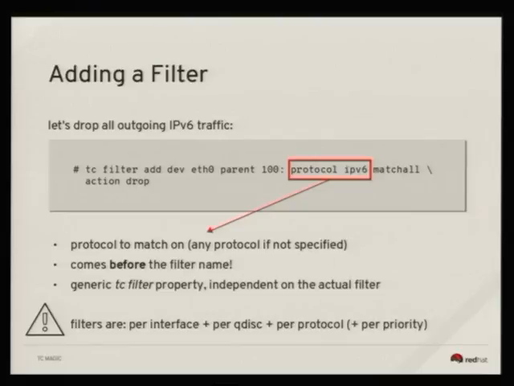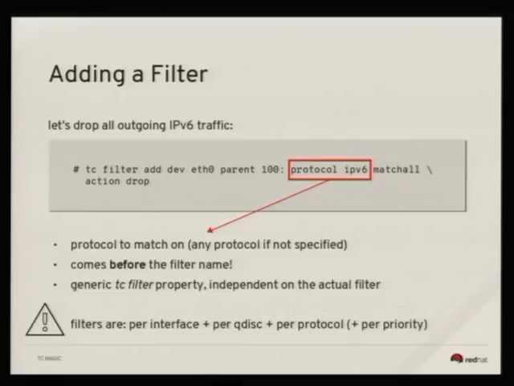So this means that what is written here means that only IPv6 protocols should be passed to the matchall filter. The protocol may be omitted. In that case, all packets for all protocols would go to the filter. At least that's the theory. In practice, it's a bit more difficult sometimes.